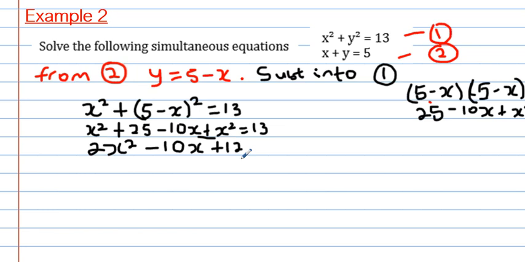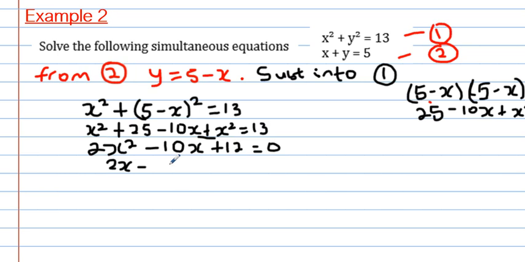Then you factorize. When you factorize this, you're going to have 2x minus 4. Oh, I forgot to write equals 0. It's an equation, so everything has to be equal to 0 because you moved 13 to the left-hand side. Don't forget. That's another common error in the exam.